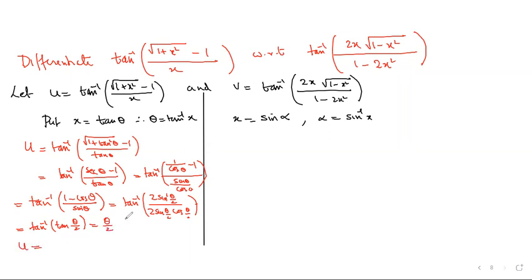So u is equal to, theta stands for tan inverse x, so 1 by 2 tan inverse x. So du by dx is half into 1 upon 1 plus x square. That is your equation number 1.